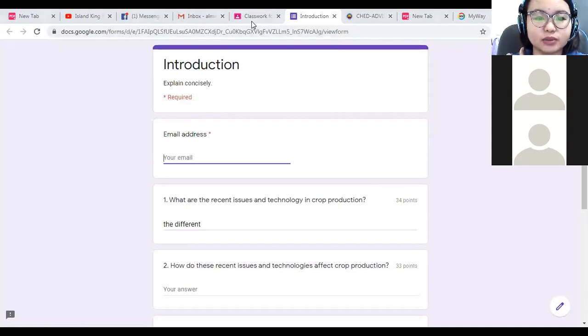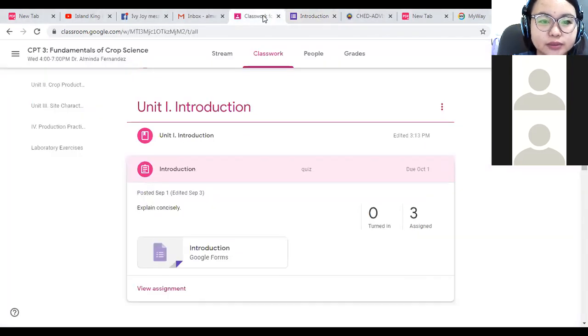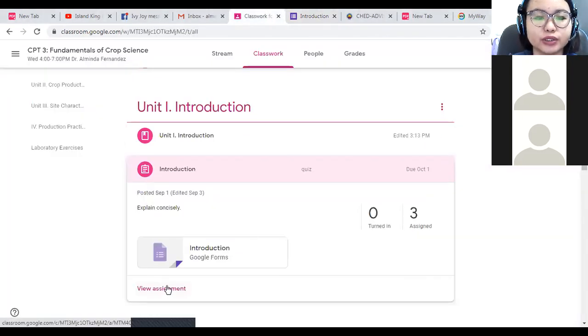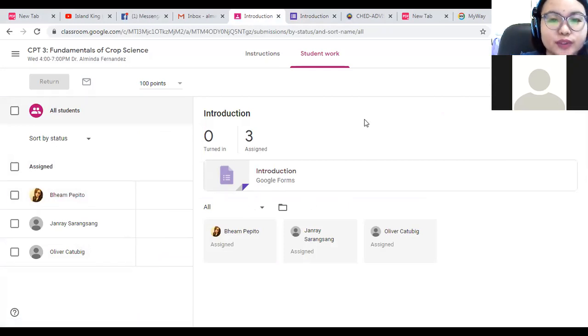Going back to Google Classroom, that is your quiz assignment. As you can see, your names are already assigned with different tasks to be done.